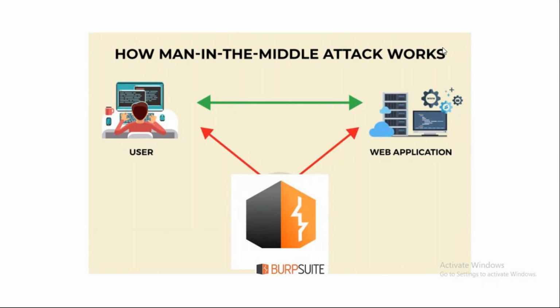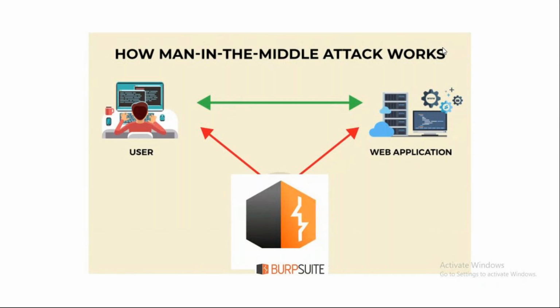We allow the traffic to flow through Burp Suite, capture the traffic, and then do some manipulation, some intrusion, change the payload, and send it to the web application. Typically, a hacker will do it, and that's what we are going to test using Burp Suite.